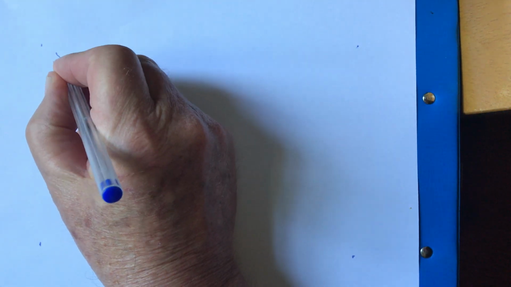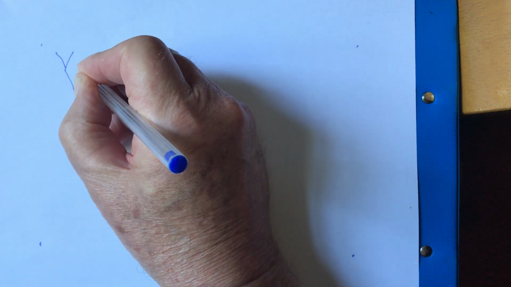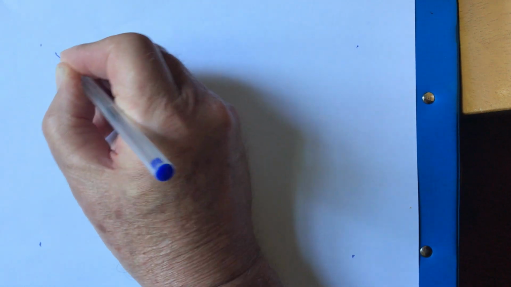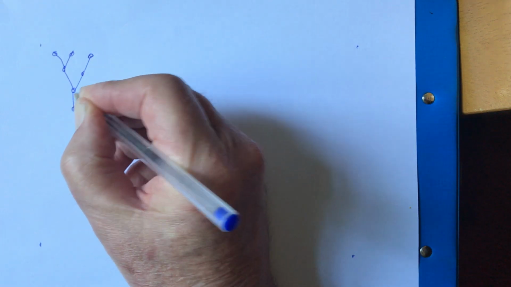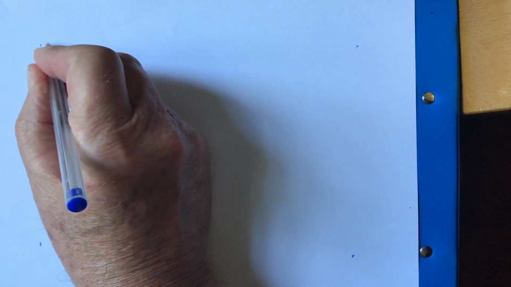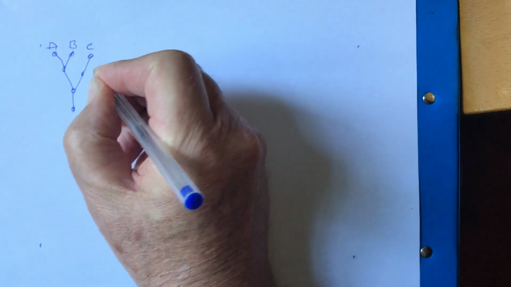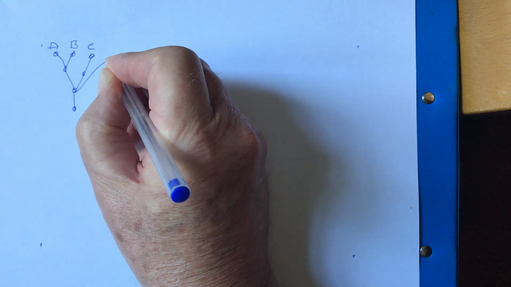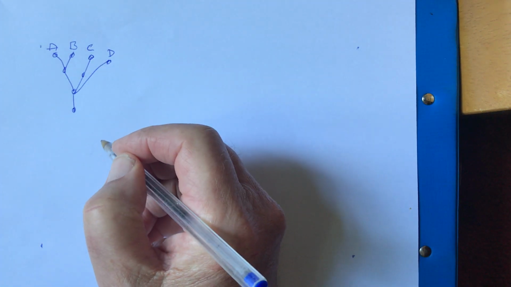So here, for example, is a tree, and this tree has leaves, A, B, C, maybe another one, D, and it has these nodes.